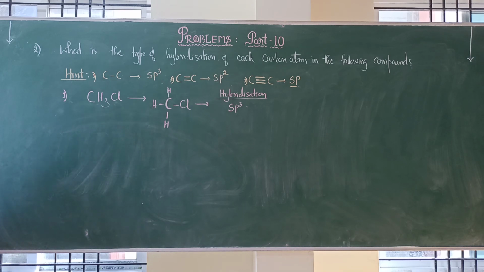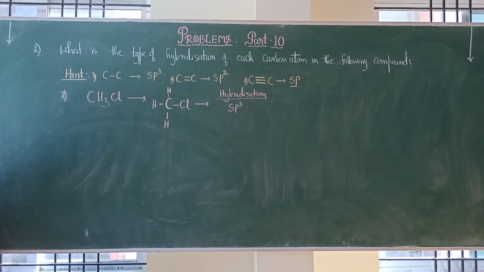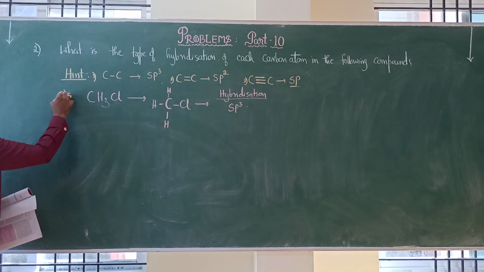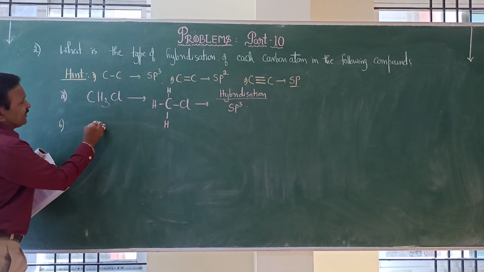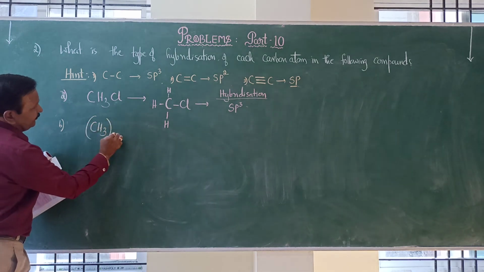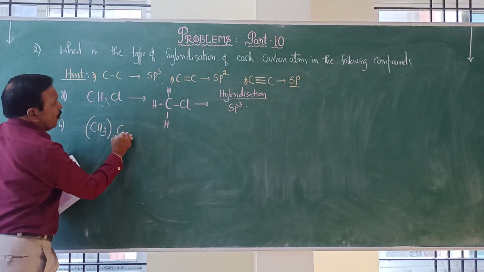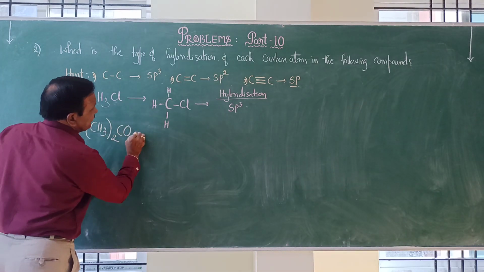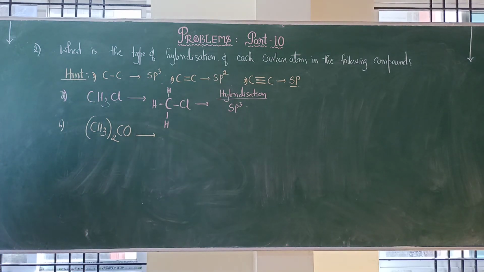Second, you can take this as A, and if you want B, the B given is CH3 twice CO. So how are you going to remember this?